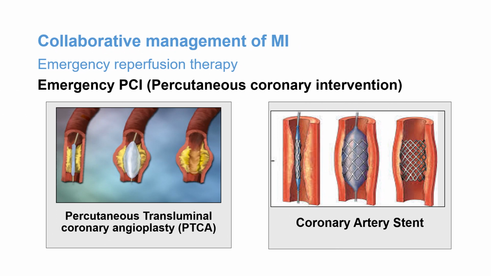Collaborative management, emergency reperfusion therapy, that is percutaneous transluminal coronary angioplasty. Here you can see in the first diagram exactly where the plaque is formed. There they will be placing the balloon tip stent. Once the balloon tip stent is placed in the plaque area, we will be inflating.